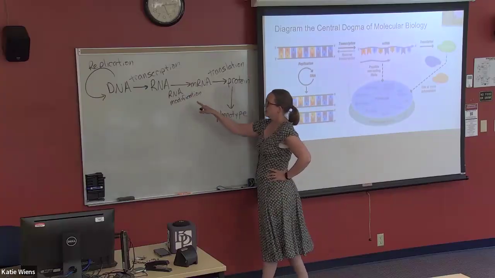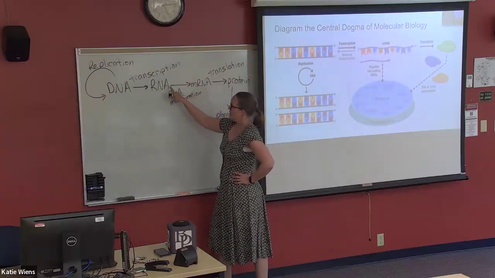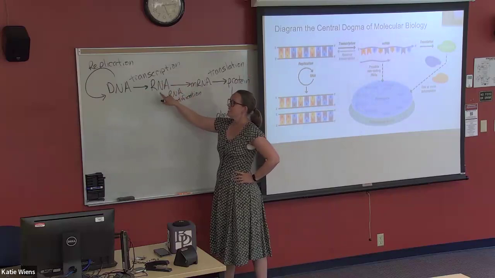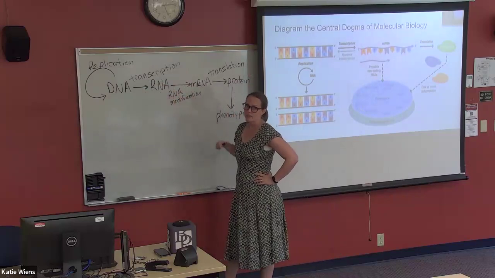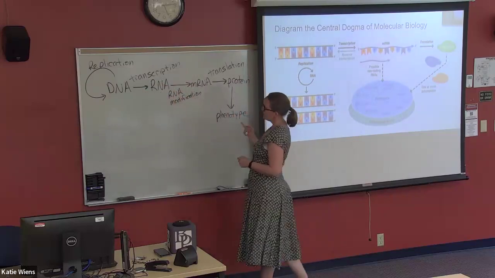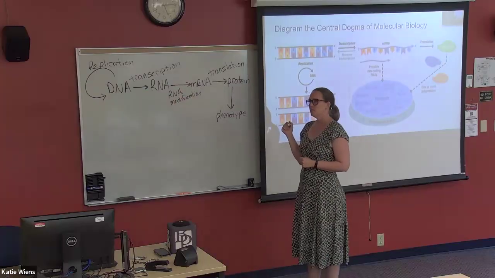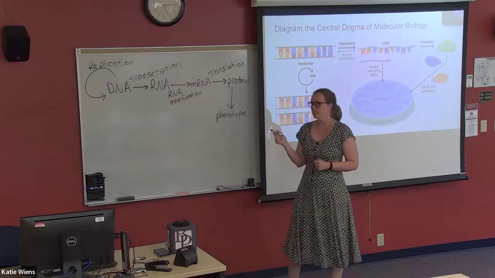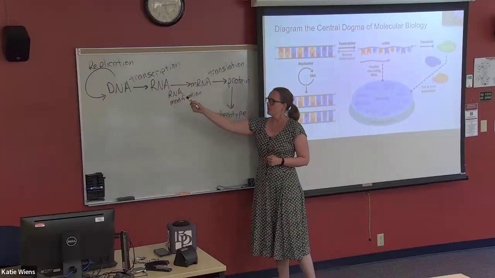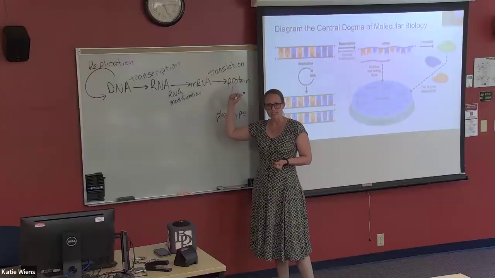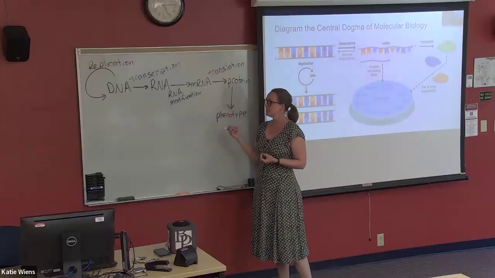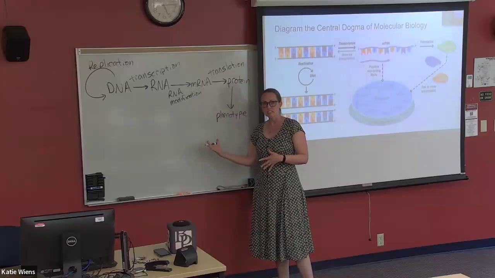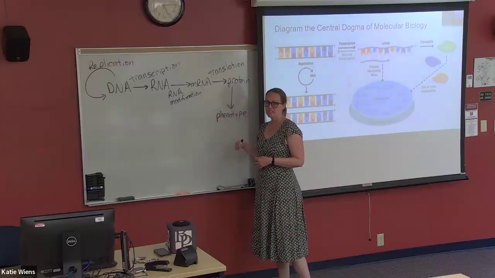And we even have a whole big section on different types of RNA and how they are going to function. And what we will do in the next couple of classes is this doesn't just happen randomly, right? There are specific other proteins in the cell that are going to regulate how these things happen.